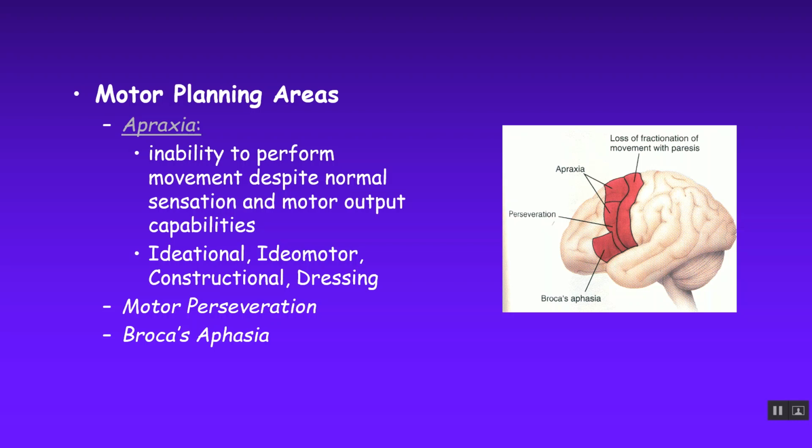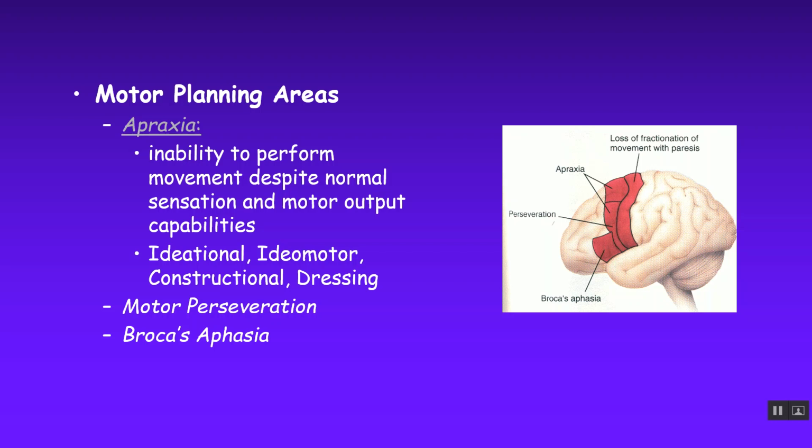It's the inability to perform movement despite normal sensation and normal motor output capabilities. So if you do a manual muscle test on these people, you can just say, hold your arm, and they'll be fine. They'll have good motor strength, okay? And their sensation's not impacted at all because you haven't done any damage to the sensory areas. This is premotor and supplementary motor planning areas.